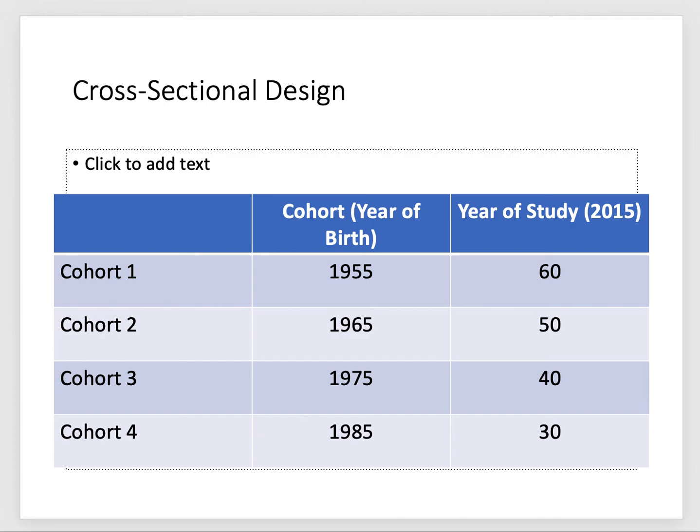What somebody is experiencing in 2015 as a 60-year-old is probably pretty different compared to somebody who was 30 in 2015 and who was born in 1985. They have different generational experiences based on their cohort that are going to affect our interpretation of development.